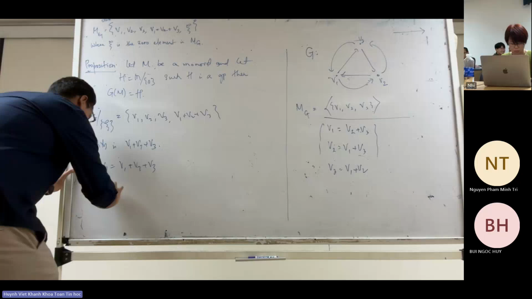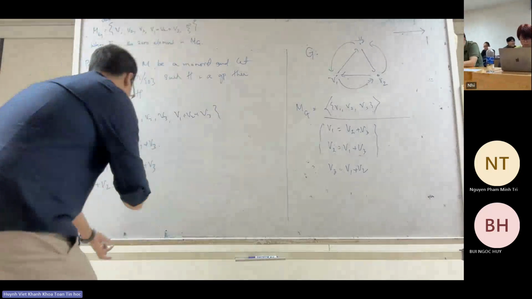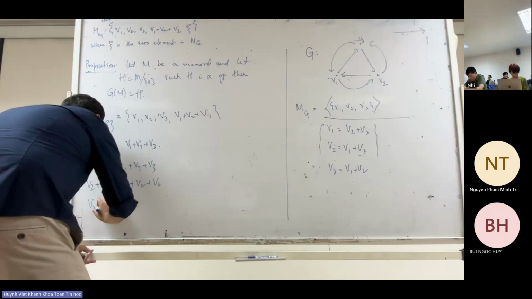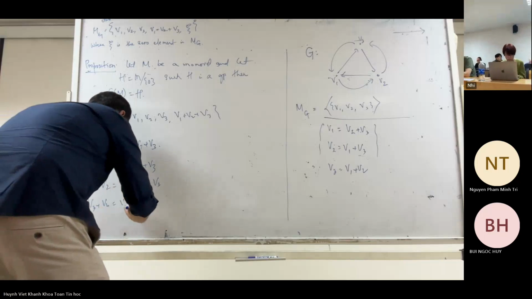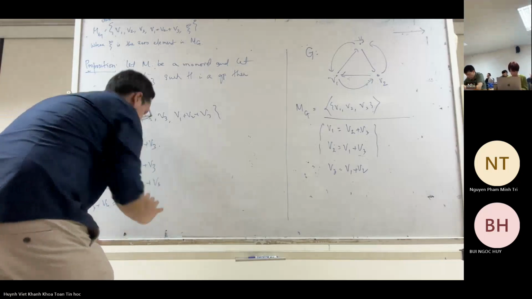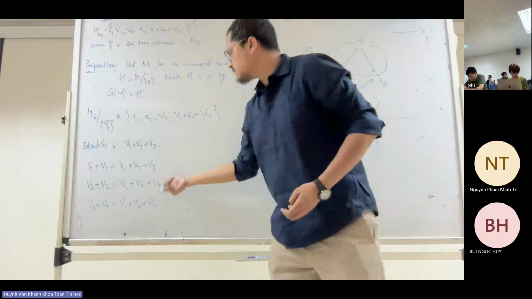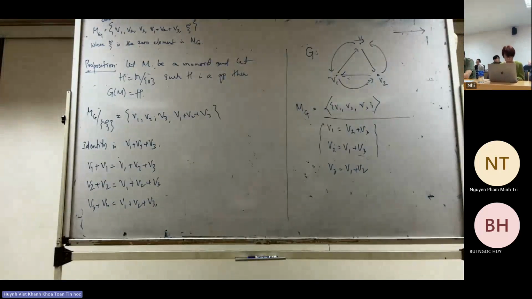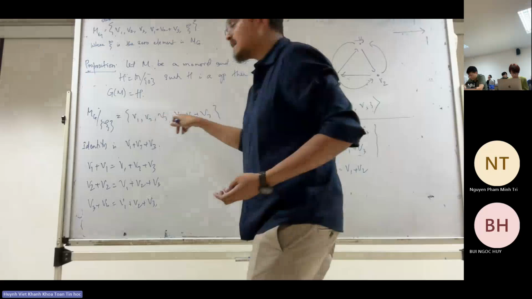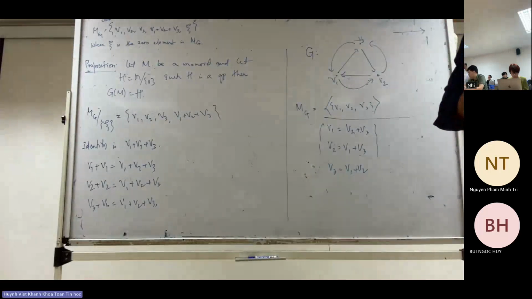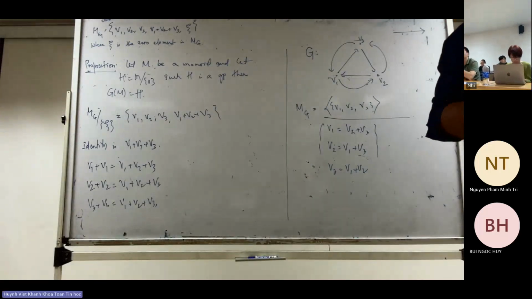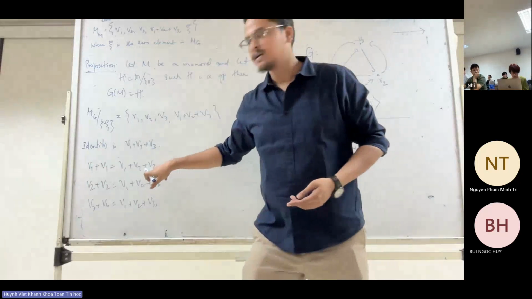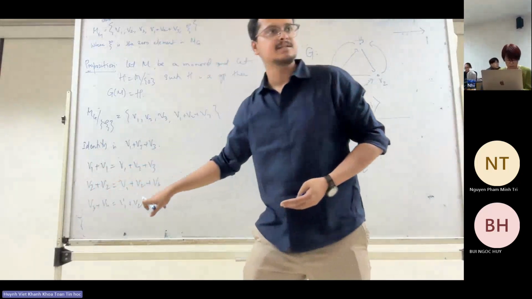If I go with V2 plus V2, then instead of V2, I can also write V1 plus V2 plus V3, and similarly for V3 plus V3. So the zero element is V1 plus V2 plus V3, and if you add them up every single time, you end up getting the zero element. So what is the order of each of these elements? The order of each of these elements is 2, right? Because twice V1 is 0, twice V2 is 0, twice V3 is 0.